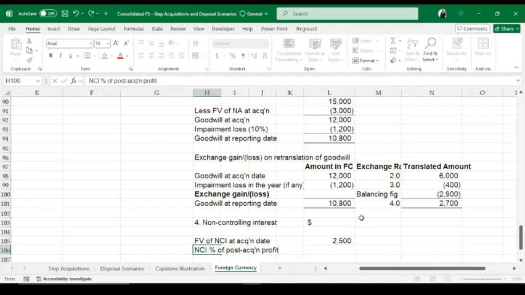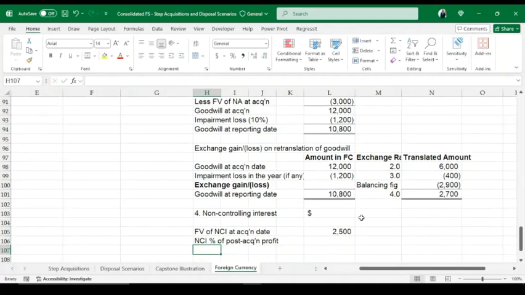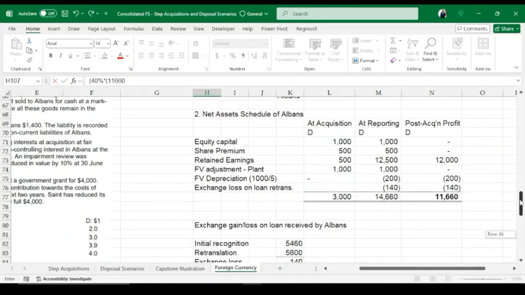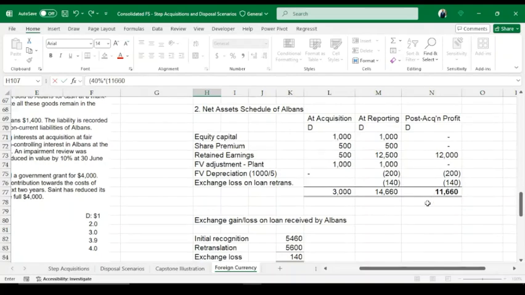So NCI percentage of post acquisition profit, what do we have? Let me put the calculation here for you so that you can get it right. So we know that the NCI percentage holding is 40% from our group structure. Remember, we are going to multiply that by the post acquisition profit, which is 11,660. Let us go to our net asset schedule and confirm that. So this is our net asset schedule, and this is the amount of our post acquisition profits.